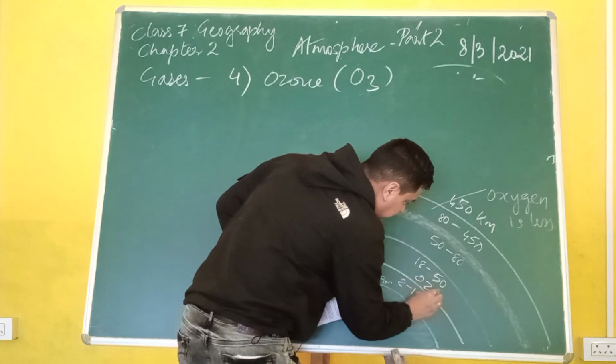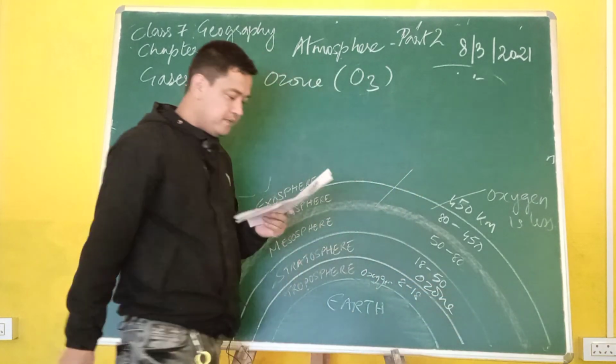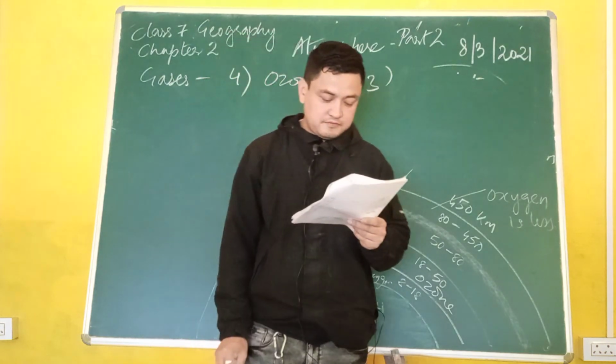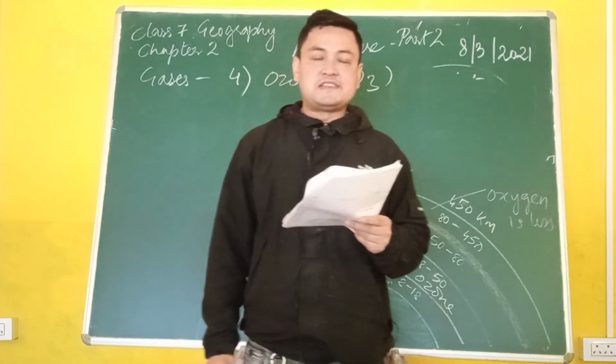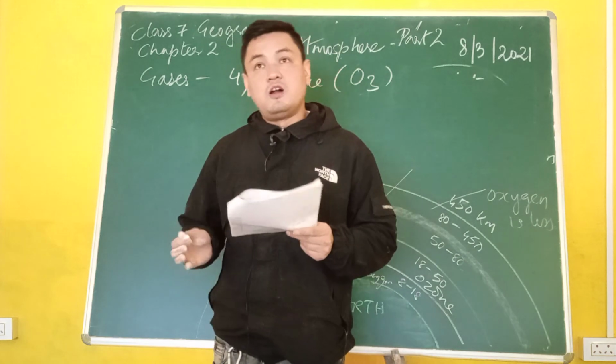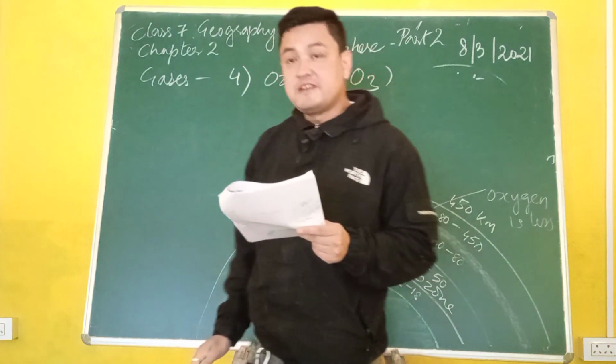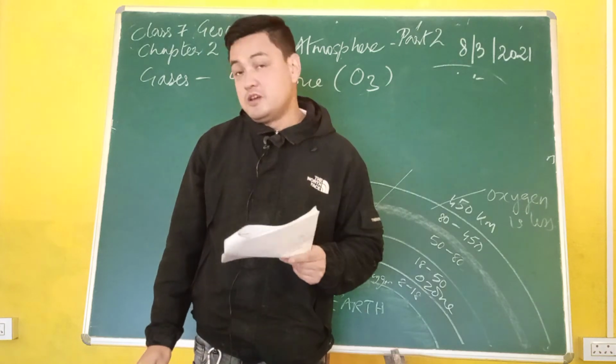Ozone protects our earth from the harmful ultraviolet rays of the sun. Basically, it acts as a filter and absorbs the ultraviolet rays coming from the sun and prevents them from reaching the surface of the earth.